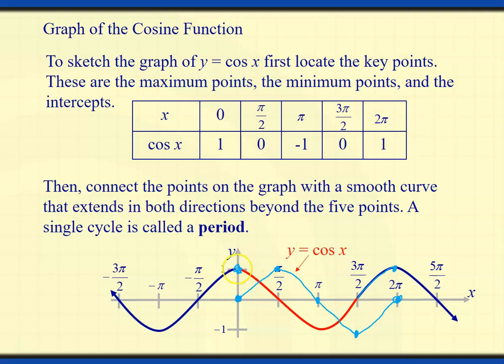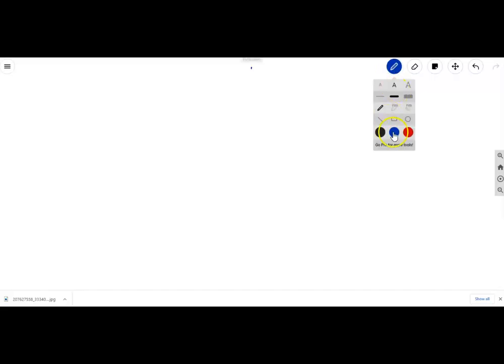So it goes this way, and then to 2 pi. That is one single cycle, or one period, of the cosine function. So we now know the properties of sine and cosine functions.